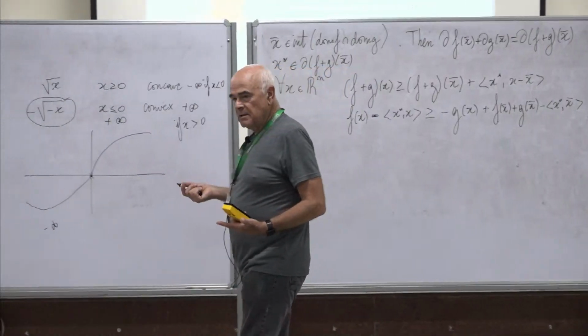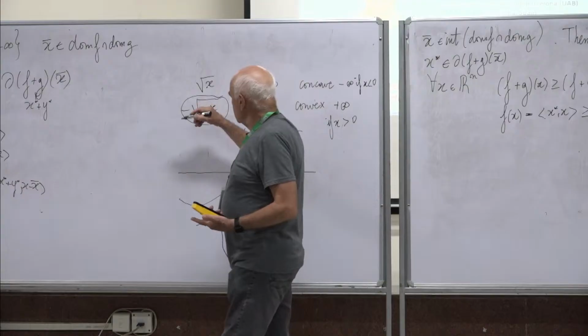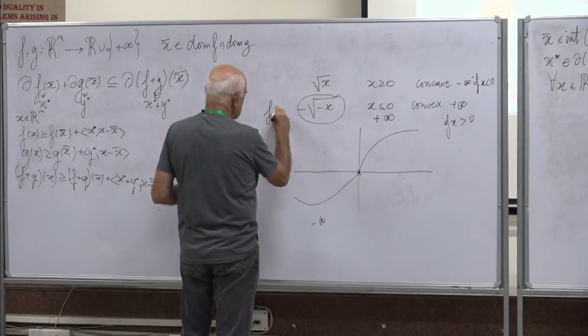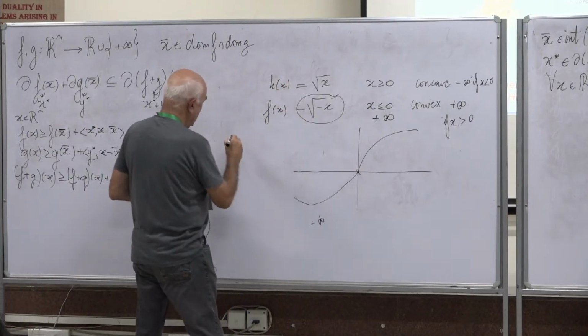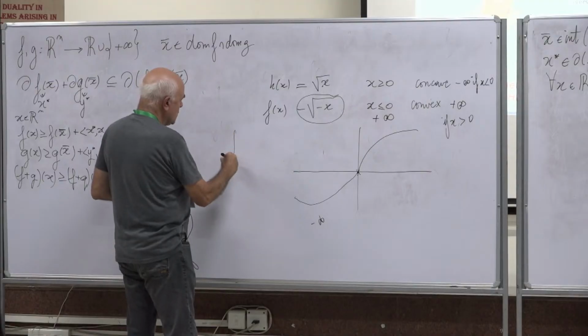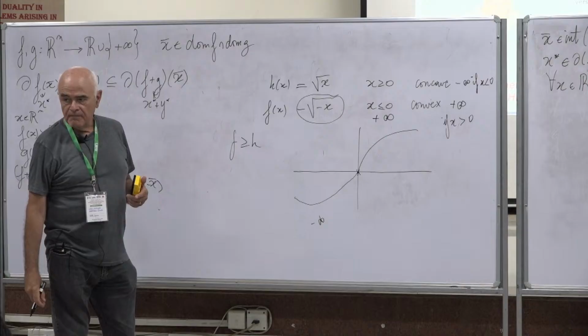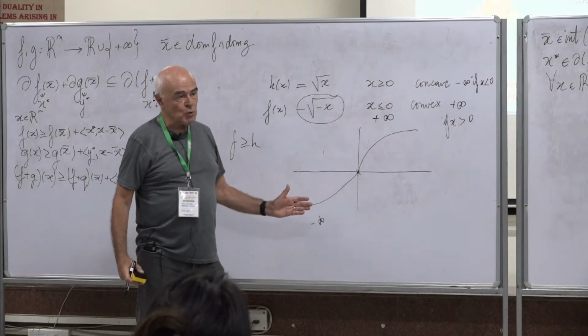But then, of course, if you call this f, and you call this h, f is convex, h is concave, then f is greater than or equal to h everywhere, but you cannot find an affine function between the two.